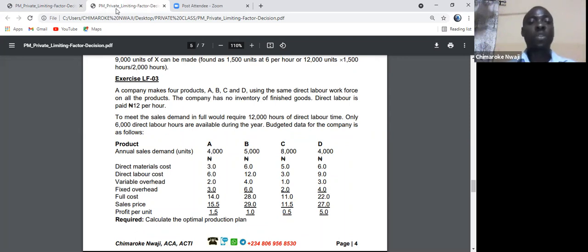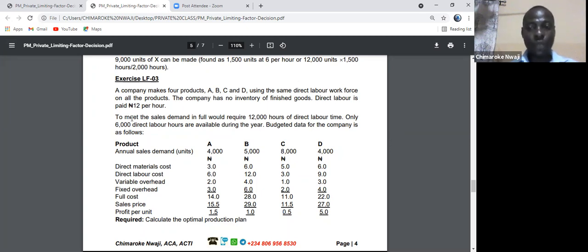Okay, so we have that. Now, the third thing is find the amount of scarce resource per unit. So now we have labor hours. We now need to know labor hours per unit for each of the products. Were we given?